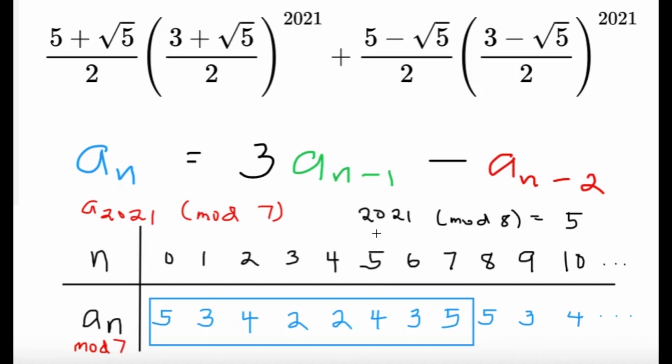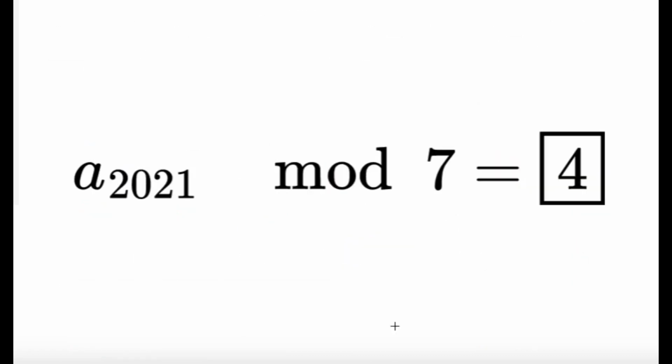So a sub 2021 under mod 7 should be the same value as the value of a sub 5 under modulo 7. Since if n equals 5, a sub n modulo 7 gives us 4, we can conclude that a sub 2021 under modulo 7 would give us 4. And this will be our final answer.